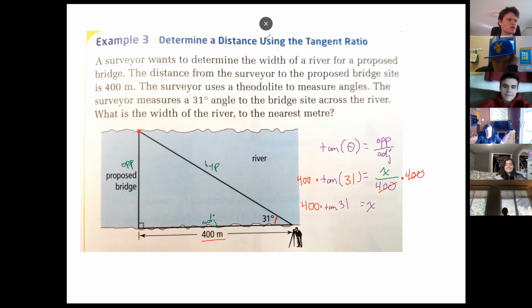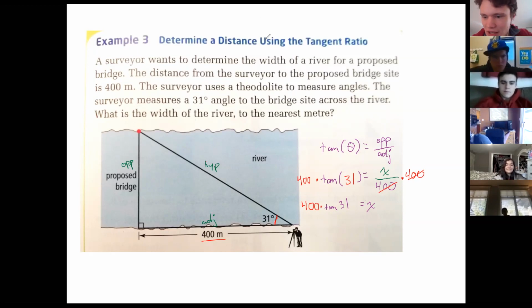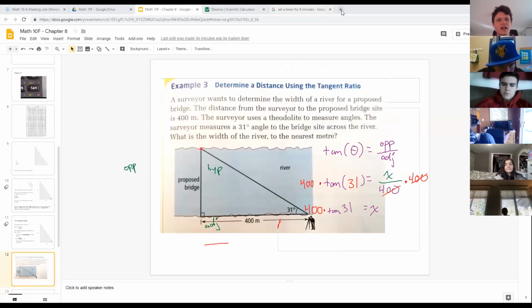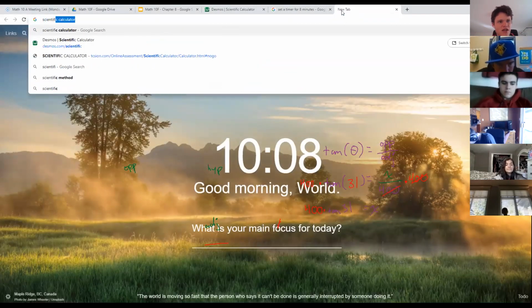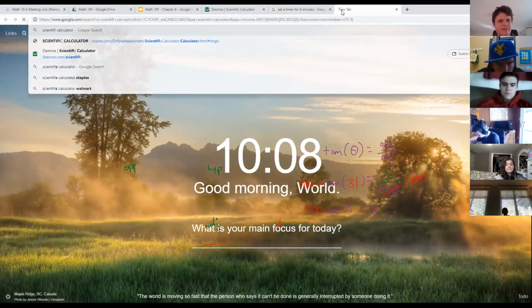So let's do that calculation. Try it on your own, folks. Get out your calculator and make sure that you know how your calculator understands these calculations, because sometimes on your calculator you have to do tangent 31 first.